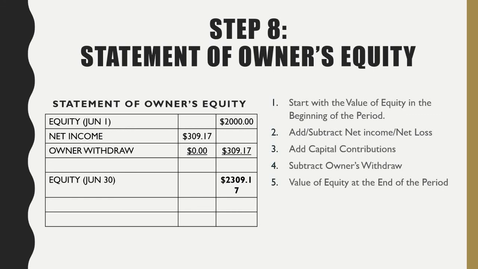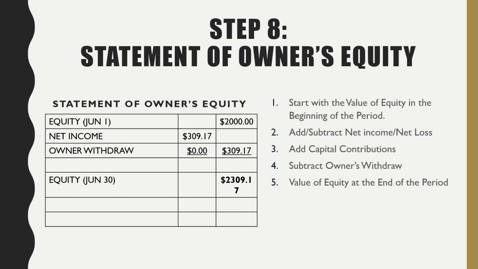If yes, then you're going to increase your equity. If you choose to take money away from your company, that is going to decrease the value of your company. Okay, so that's going to be subtracted out of your equity, and then you adjust your equity accordingly to get the new number of what your equity should be at the end of the accounting period.